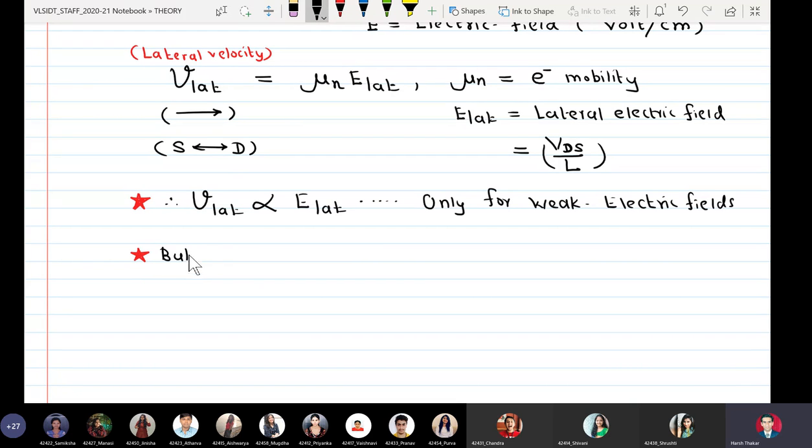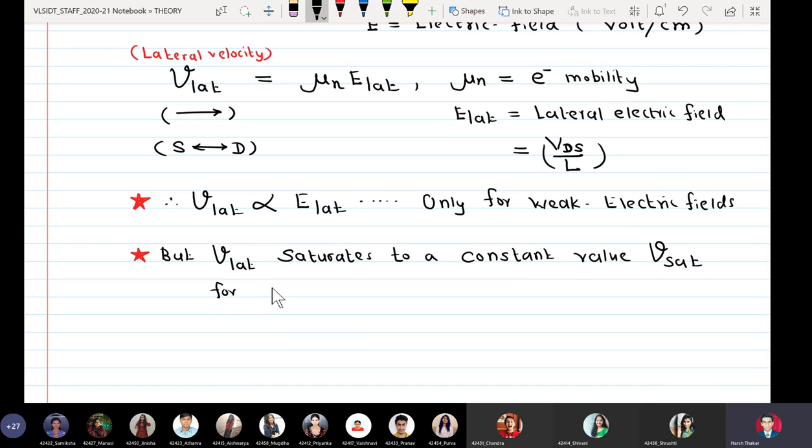But the lateral carrier velocity saturates to a constant value V sat for high electric field.